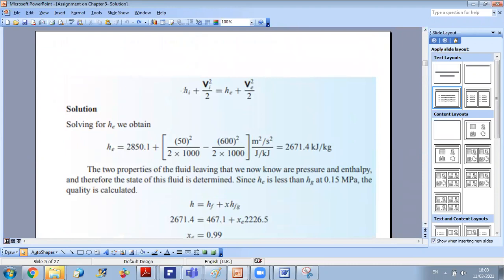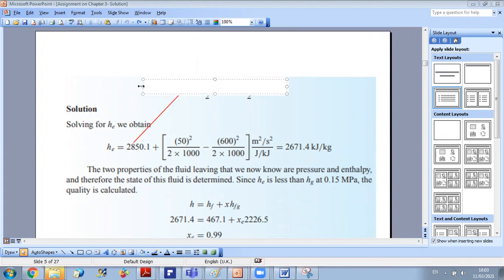Just please pay attention to units, okay? The thermodynamic tables will give you values of H in kilojoule per kilogram, okay? And you know that V square, what is the unit of V square? It's meter square per second square, okay? Meter square per second square, you know it's equivalent to which unit?